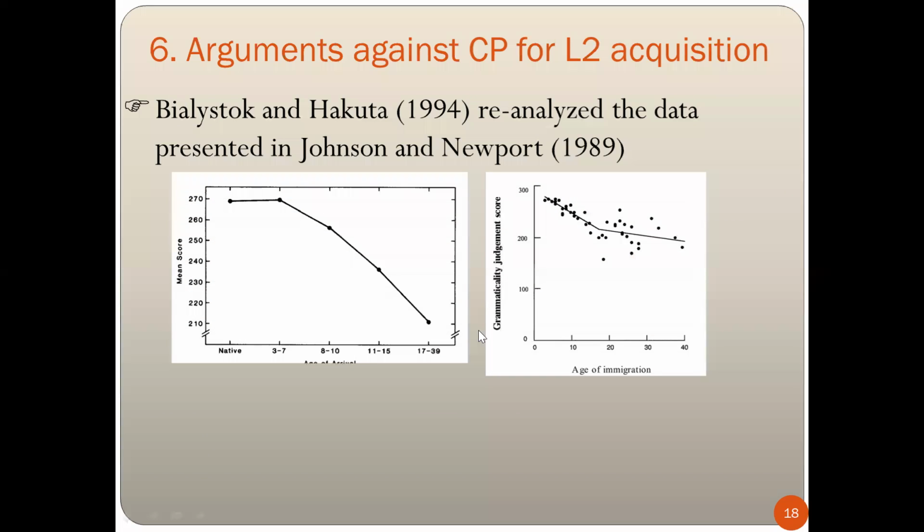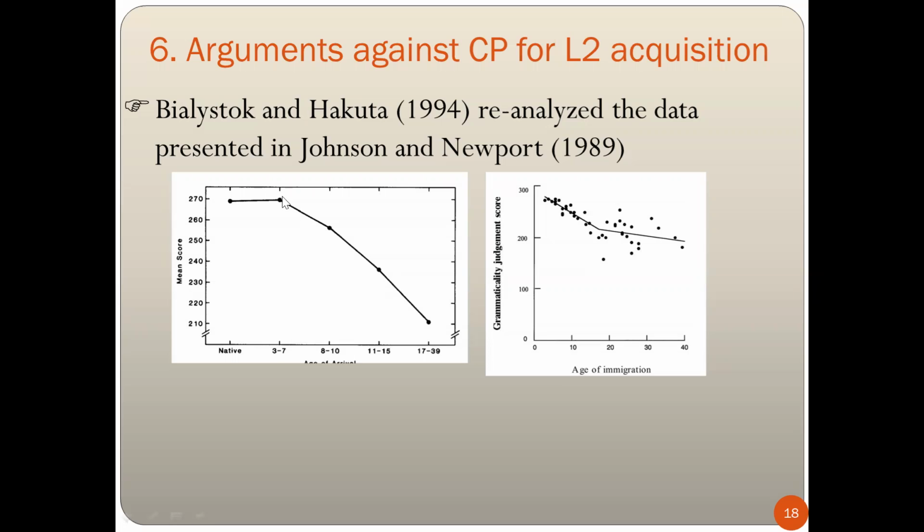There was one study conducted by Johnson and Newport, which examined grammatical and syntactic competence among second language learners of English. Again, if I remember correctly, and it's been a while since I read this paper, it was with immigrants in America.